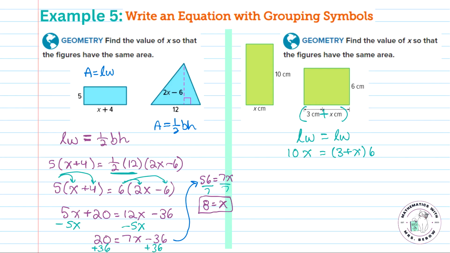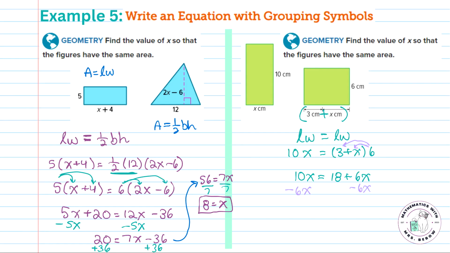And so like the other question, we are going to be applying the distributive property. It kind of looks backwards, but it's still the distributive property. We're going to take that 6 and multiply it by the 3 and 6 multiplied by the x. And so we'll have 10x equals 18 plus 6x. And in this case, we just need to subtract the 6x from both sides.